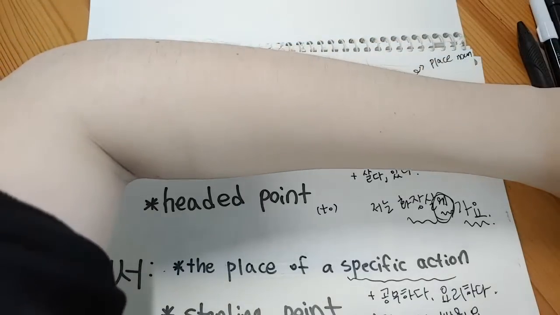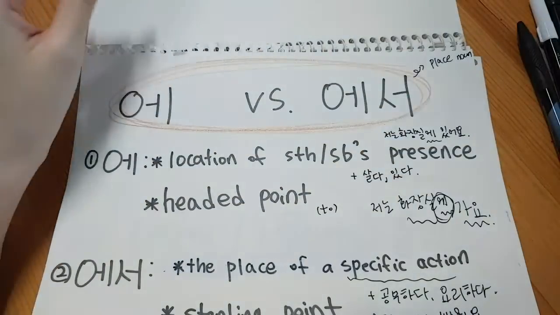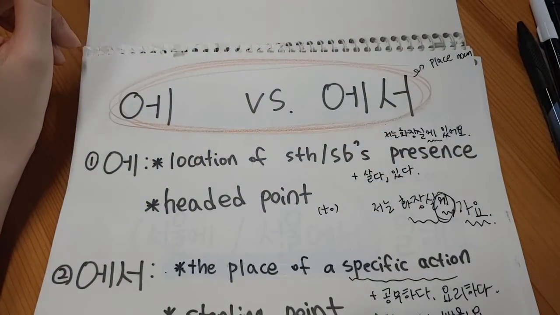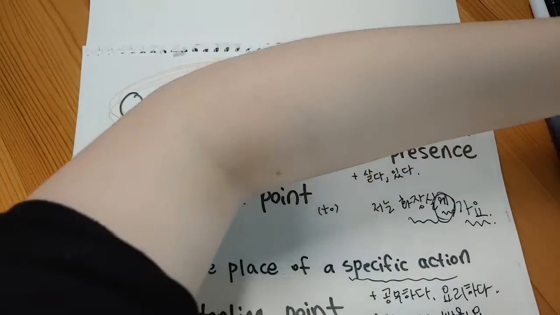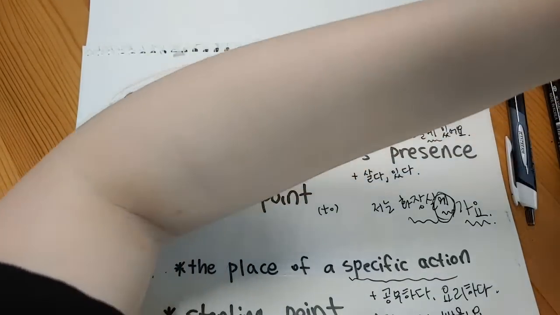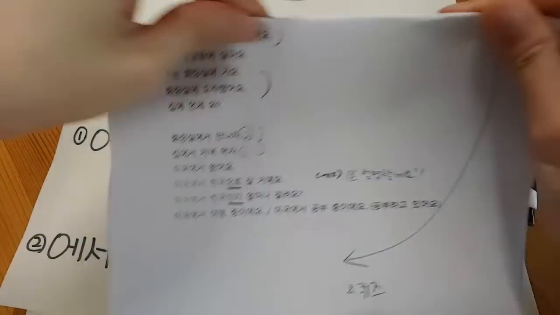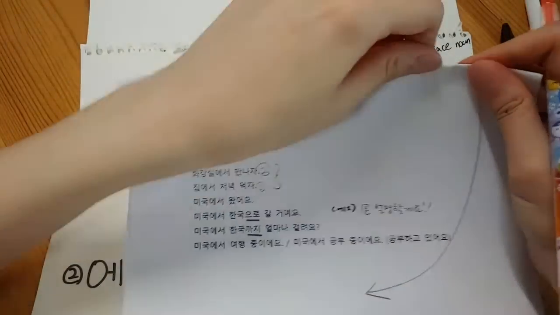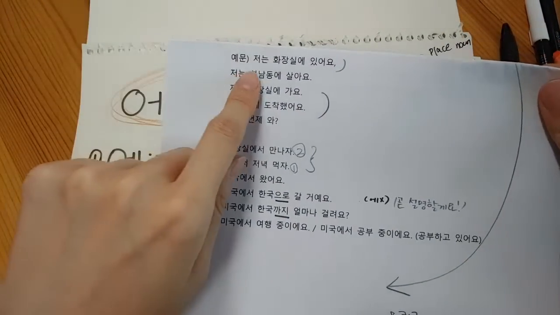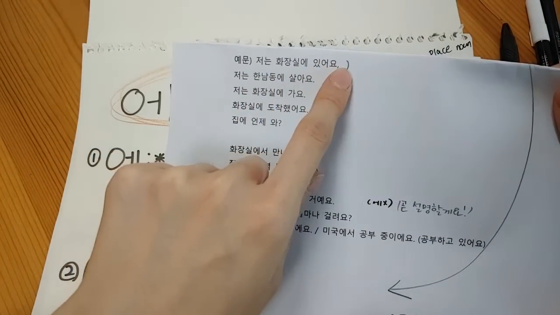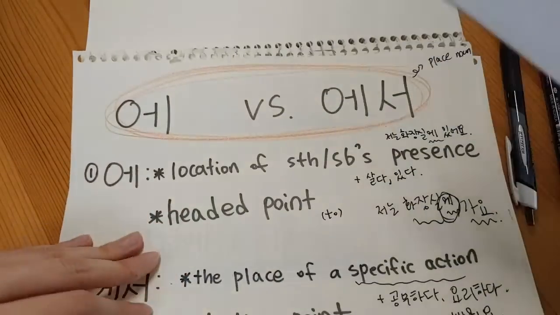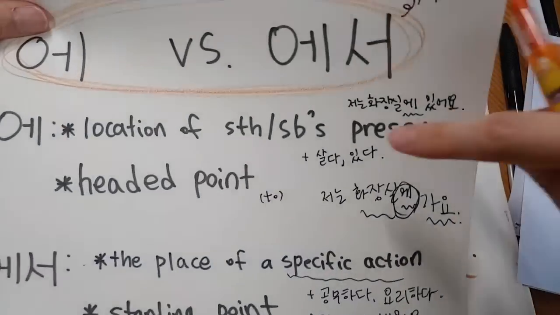And moving on. Okay, so I was going to do more example sentences with the sentences that I brought. Okay, so let's do more. We have time. 저는 화장실에 있어요. We learned, actually I wrote this one over here, right?